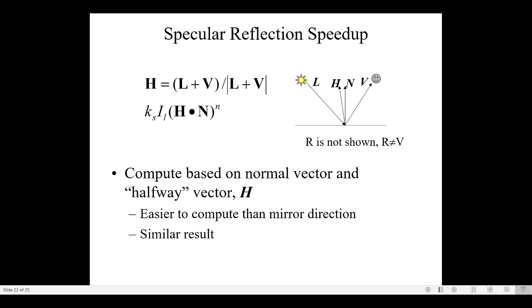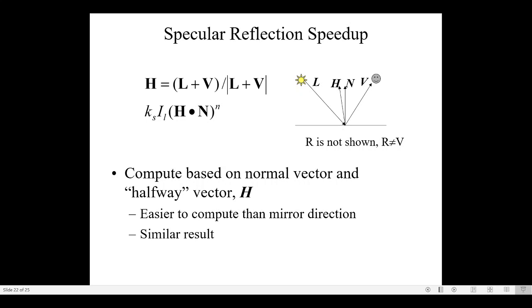Now here is another representation of the specular reflection. We are using all these vectors: L, the incident light; N, the normal to the surface; and V, the viewing direction.